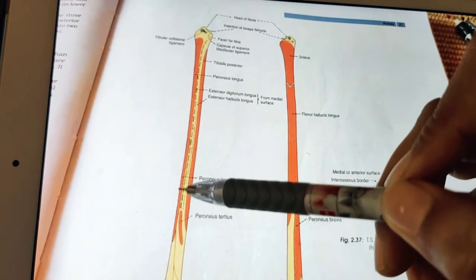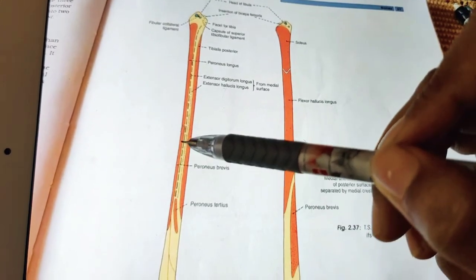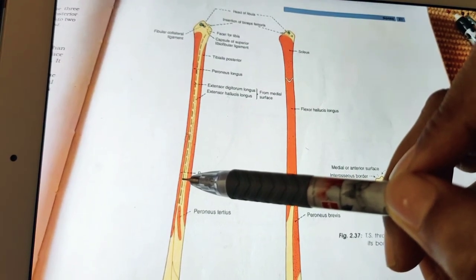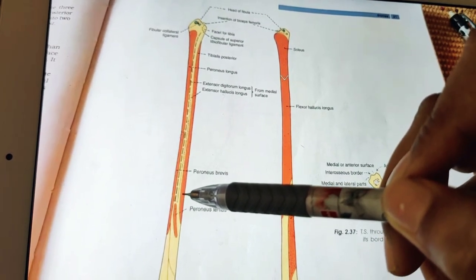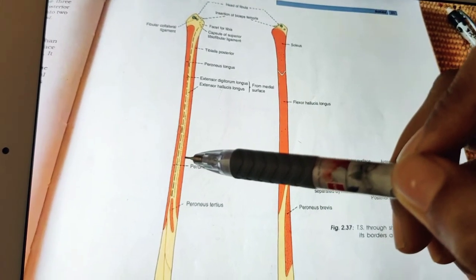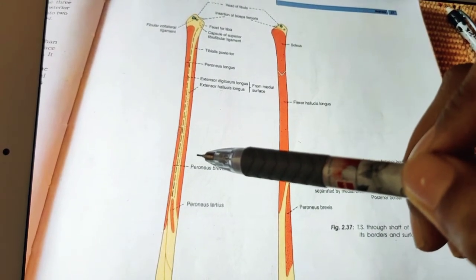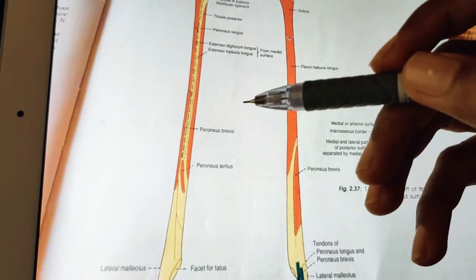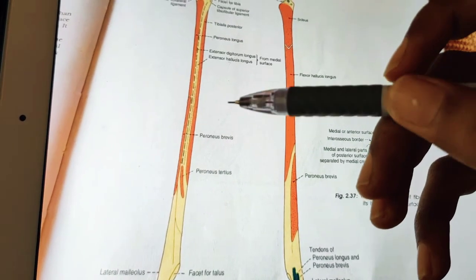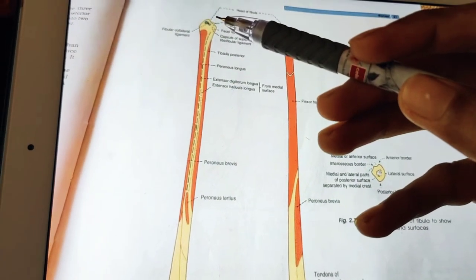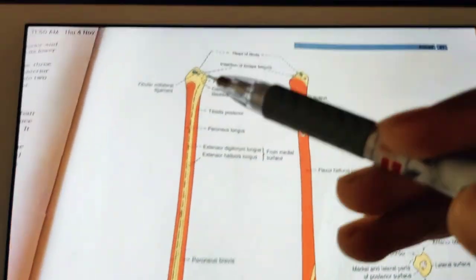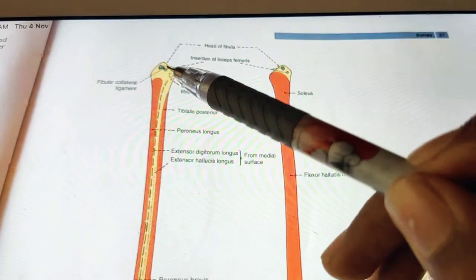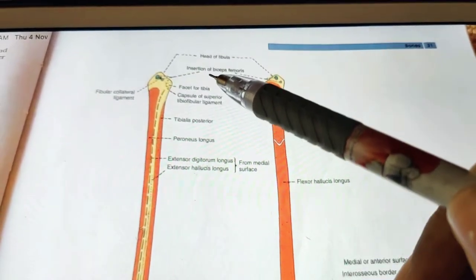Peroneus brevis comes from the anterior half of middle 1/3 and the whole of lower 1/3. Next, the common peroneal nerve terminates in relation to the neck of fibula. Next, coming to the head of fibula, it receives the insertion of biceps femoris. You can see over here at the head side you have the insertion.